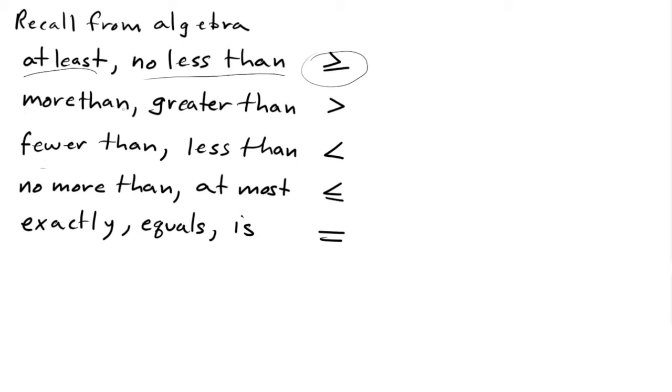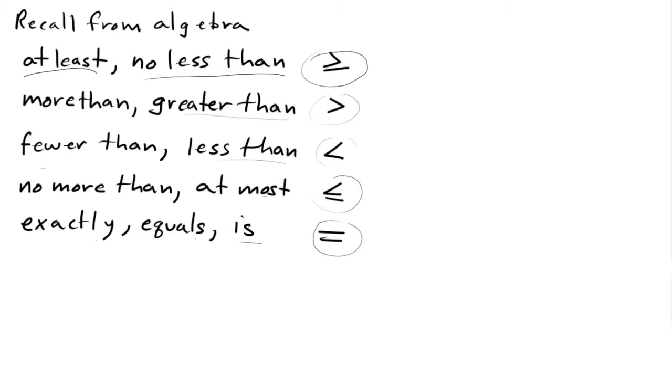When you see more than or greater than, we're talking about greater than. Fewer than, less than, no more than, or at most, less than or equal to, exactly, equals, or is equal to.